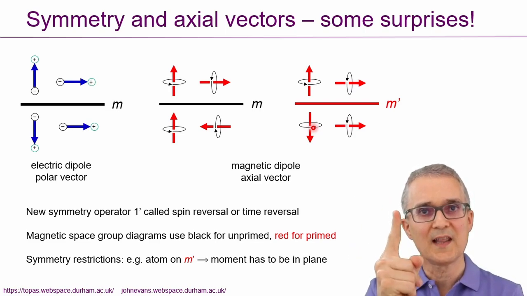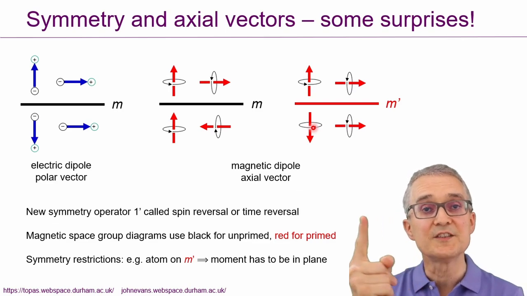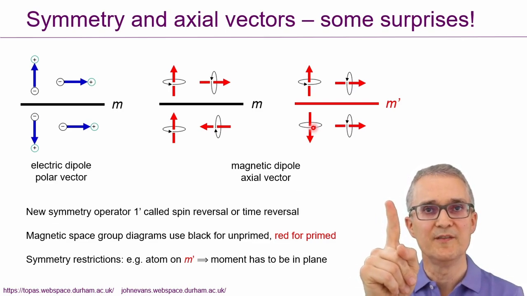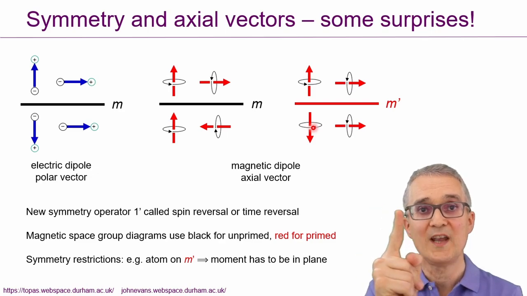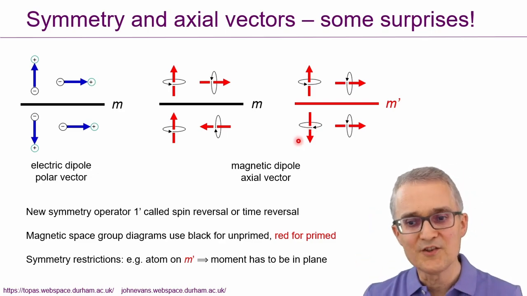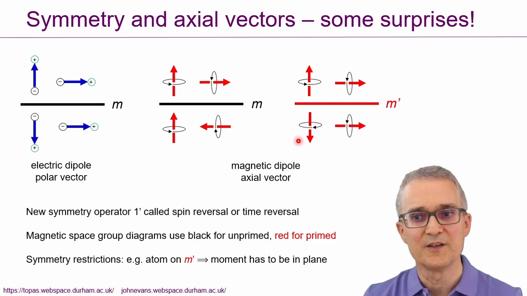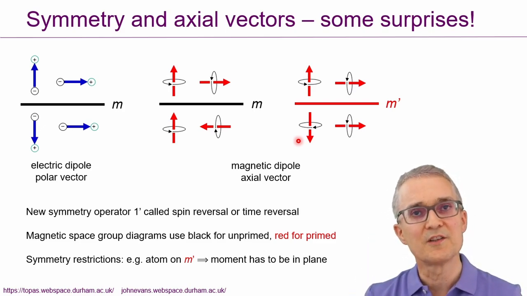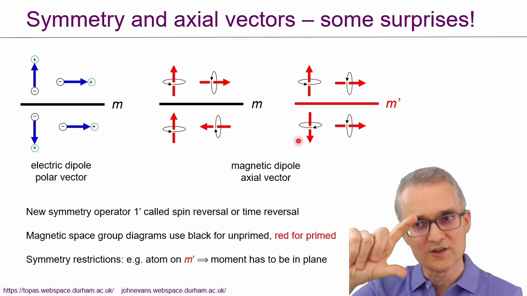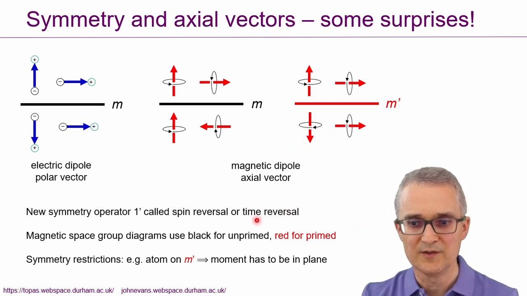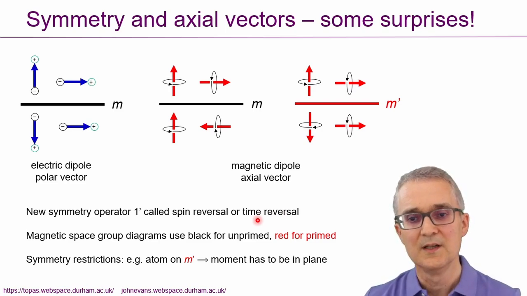If you were then to take that movie and play it in reverse time, you would take an electron that's moving anti-clockwise and change it to moving clockwise. So by moving from a positive time axis to a negative time axis, you're doing a time reversal operation, which actually flips the direction of the spin. So that's why the physics community will call this a time reversal symmetry operator.